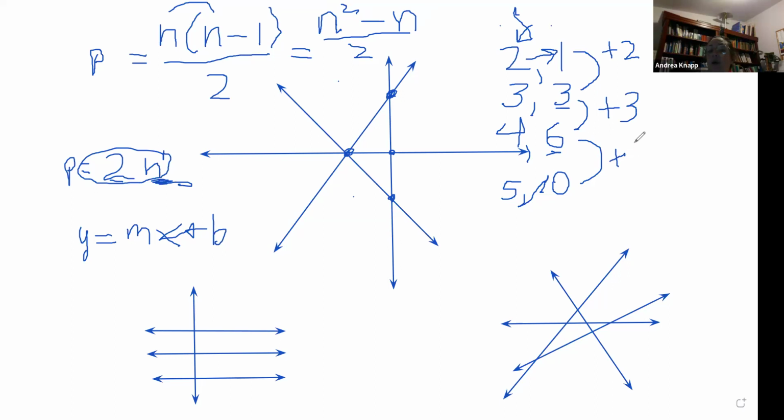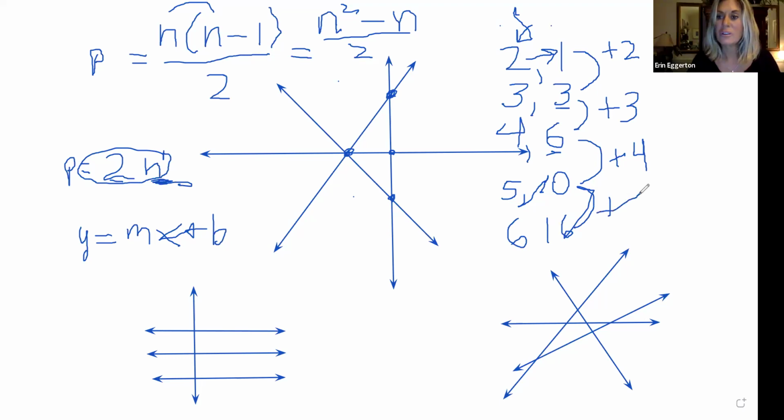It looks like the amount that it's increasing is going up by 1 each time. So my guess is that the next one is going to be up 6 and 16. Wait, wouldn't it be +5?